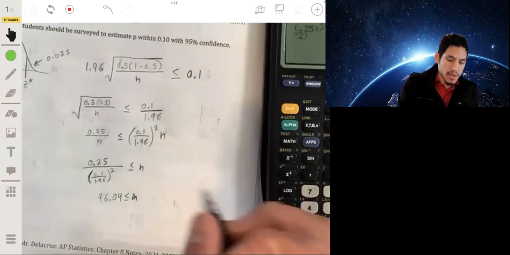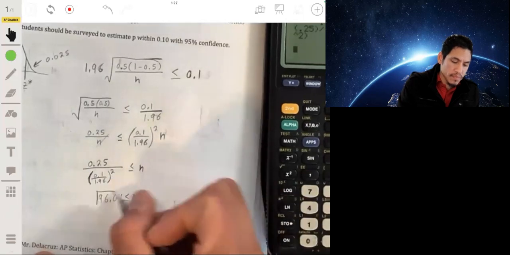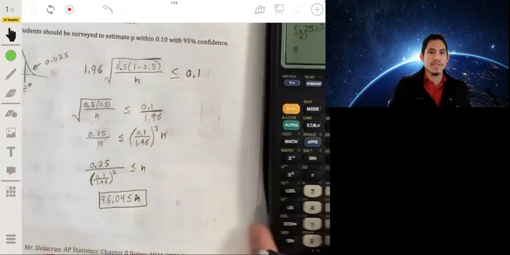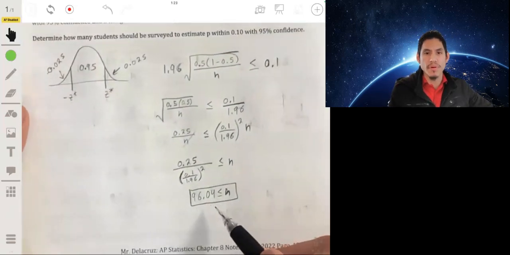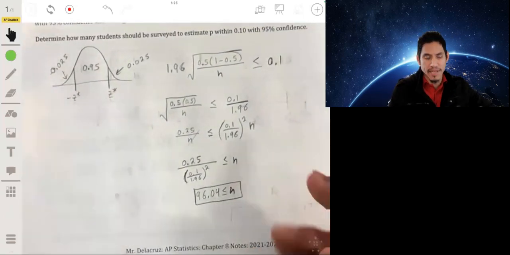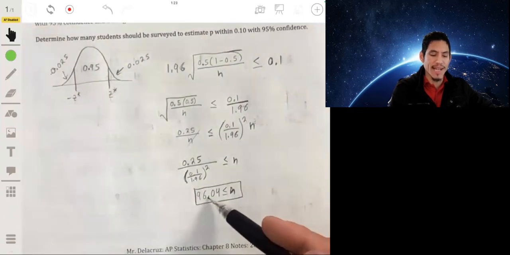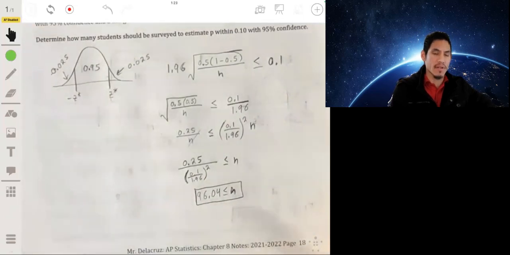Now, mathematically, this is our answer, but in the real world, we're not going to have 96.04 people. You can't. And we have to be conservative, so we're going to say that n has to be at least 97.